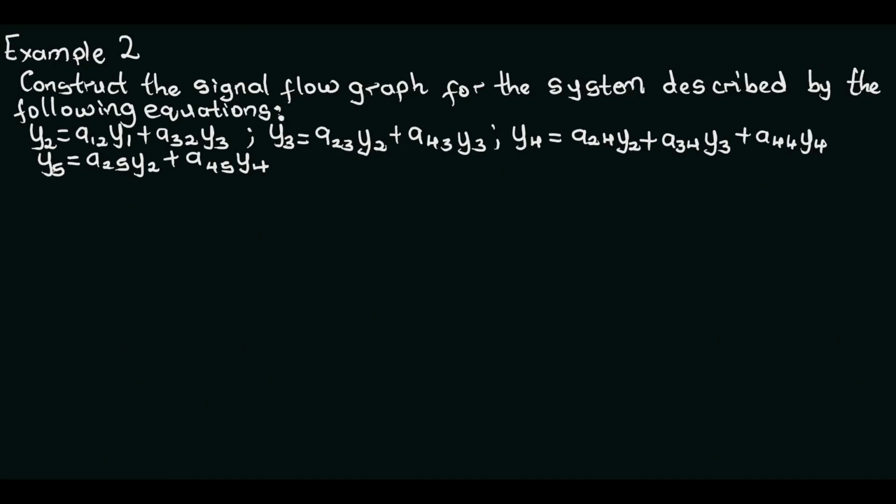That's another example here: to construct the signal flow graph for the system described by this equation Y2, Y3, Y4, Y5. So sometimes they might not give you the block diagram, just the equations. To solve this, you have to firstly identify the variables.